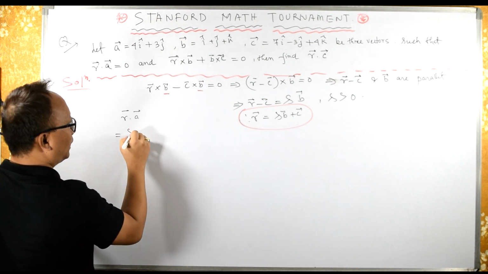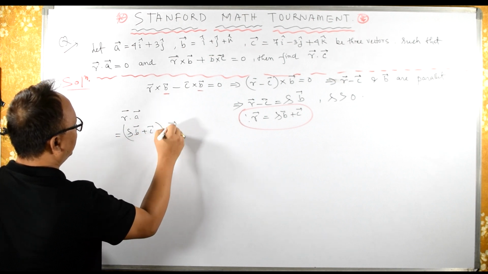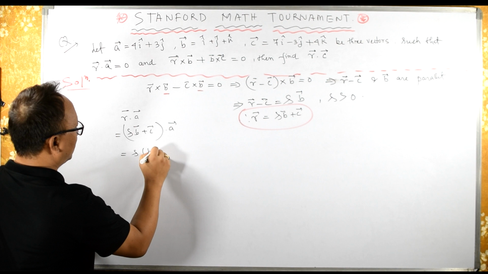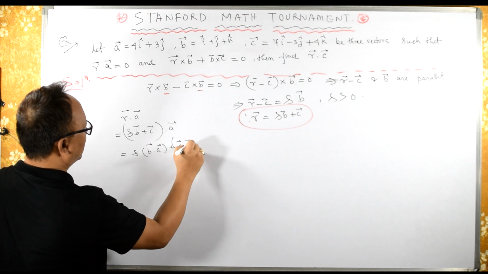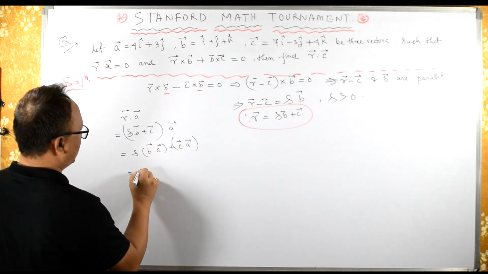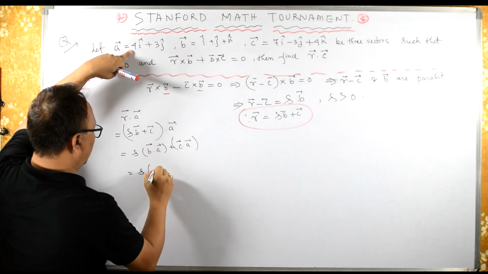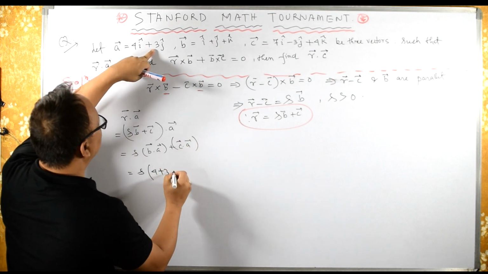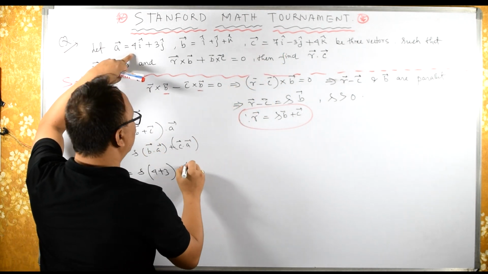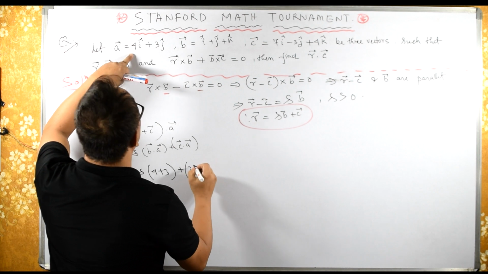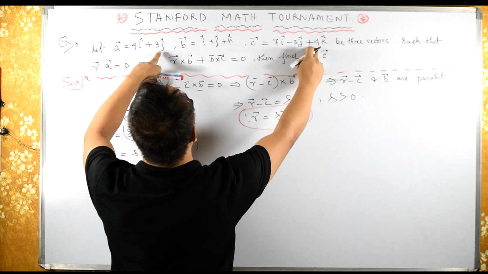We have r here, (lambda B plus C) dot A vector is equal to lambda into B dot A plus C dot A, which is equal to lambda into B dot A. B dot A is here: 4 into 1 is 4, plus 3 into 1 is 3, and then 0, plus C dot A. C dot A is 7 into 4, 28. Here this 3 is a 9, and then here 0.